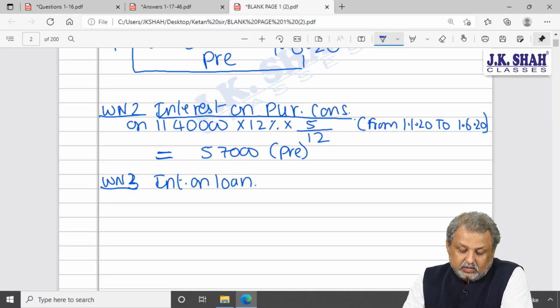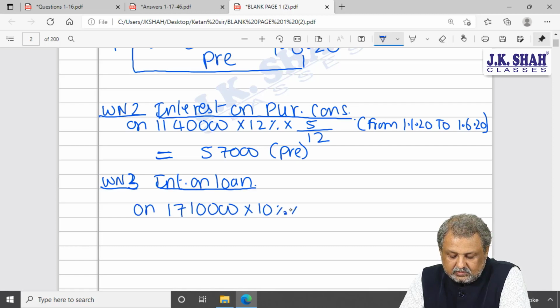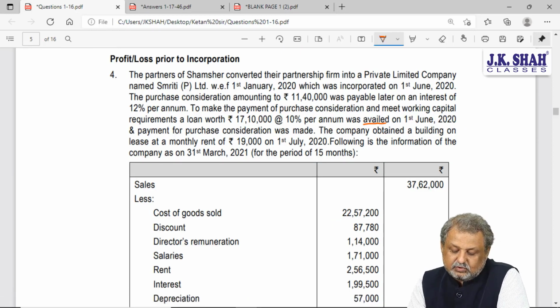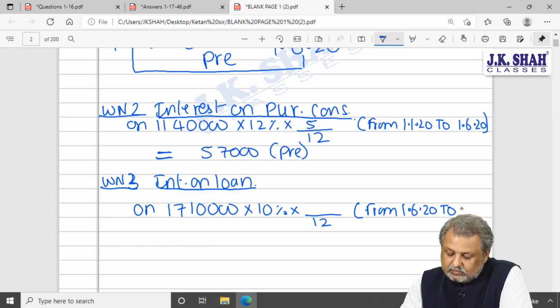So interest on loan on 17,10,000 into 10% into, now how many months? From 1st June 20 up to, what is the date of final accounts? Date of final accounts is 31st March 21.